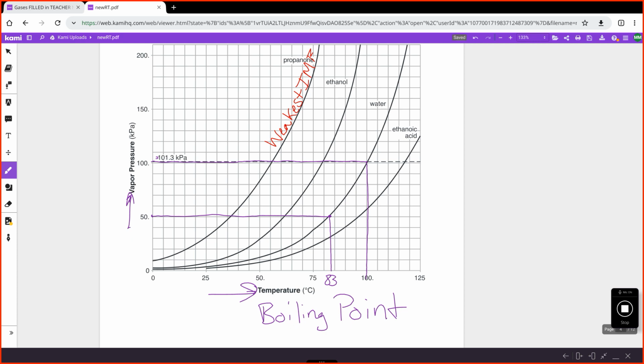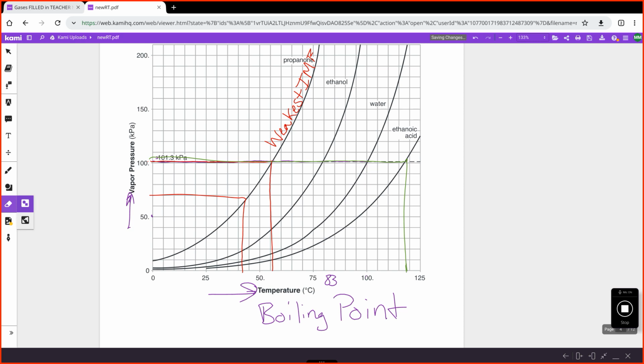The reason is that no matter what the pressure is for propanone, keep an eye on the red, we'll use green, it will always be the lowest boiling point on the table.